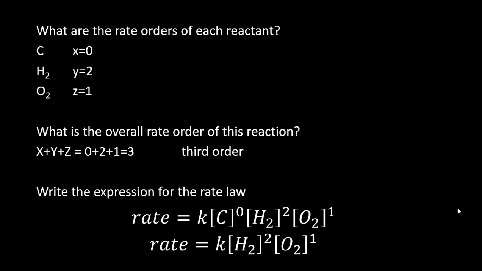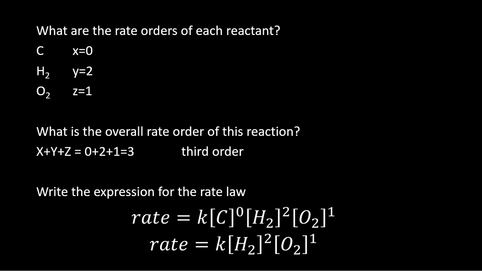So it's perfectly acceptable to just leave anything that has a power of 0 out of the rate law expression, because its concentration doesn't have an effect on how the rate value changes. So either the first one or the second one would be a valid way to answer this question of writing the expression of the rate law, which is simply writing rate equals some generic constant times the concentrations of all the different reactants raised to their respective rate orders of reaction.